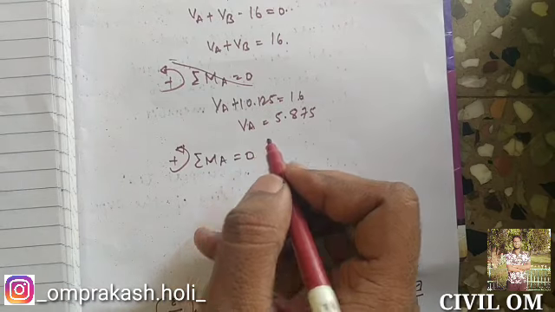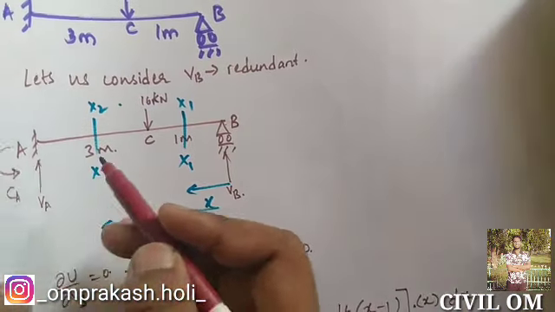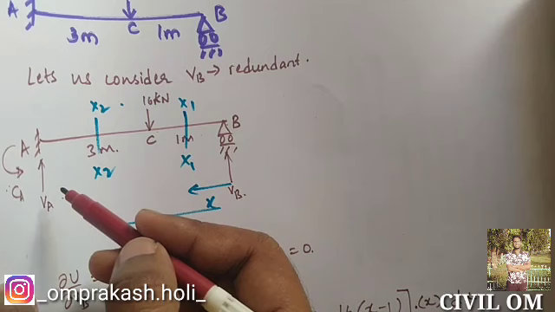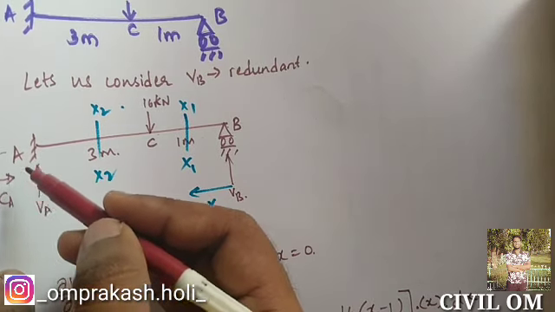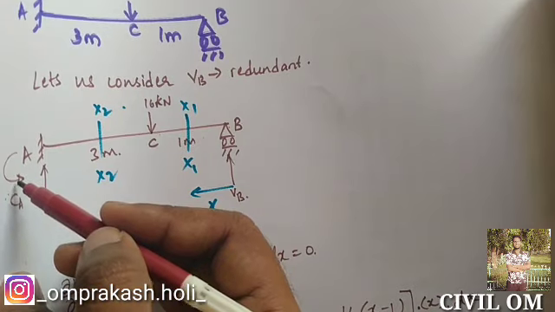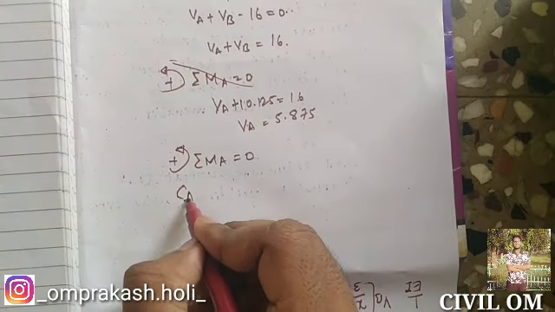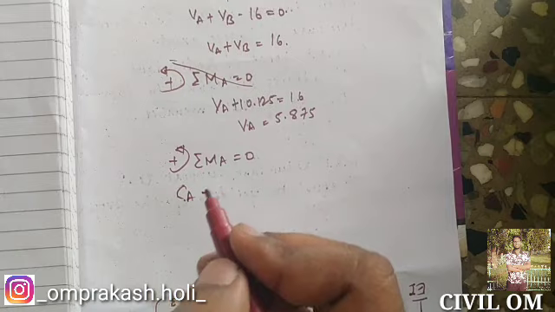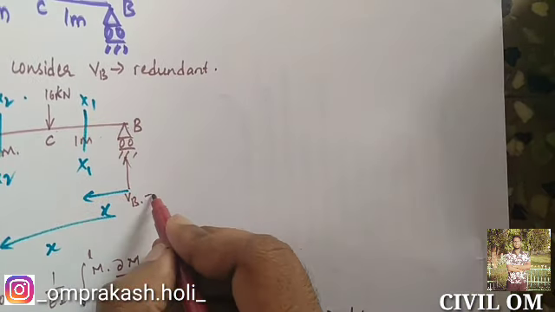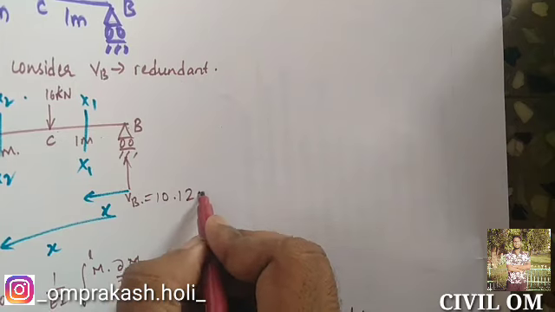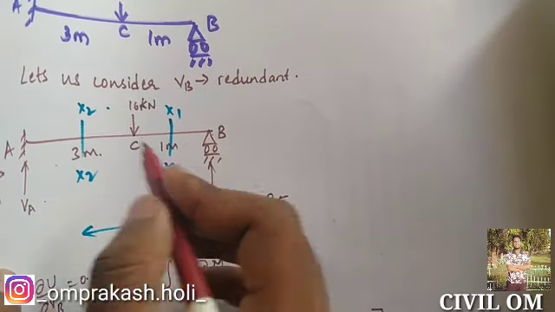Okay. So now we'll consider moment of point A is equal to 0. So if you consider that, what you'll get? First we'll consider the couple acting at point A. It is acting in the anti-clockwise direction, so anti-clockwise direction we will take as positive here. CA. Next, what you have? We have VB here. VB value we have already calculated as 10.125 previously.